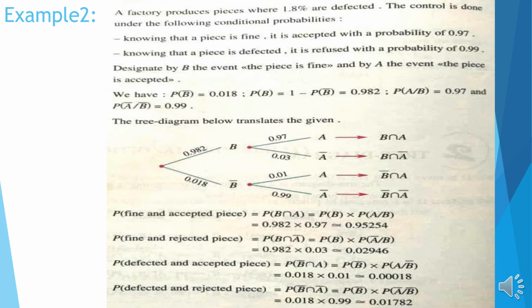Notice, a factory produces pieces where 1.8% are defected. B, the piece is fine. The control, look at the question. I'll look at the text and the question. The control is done under the following conditional probabilities. The probability of A bar given B bar is 0.99, they gave it to us here. Notice here I have.